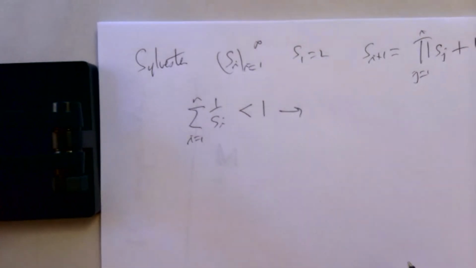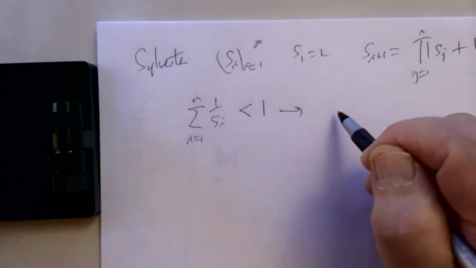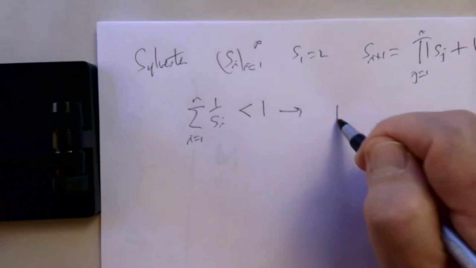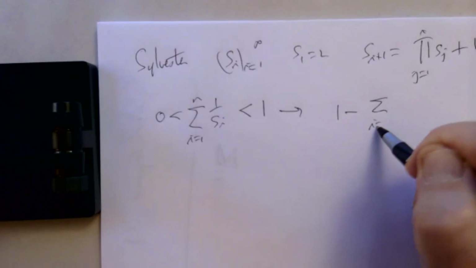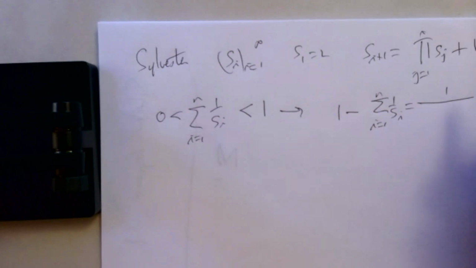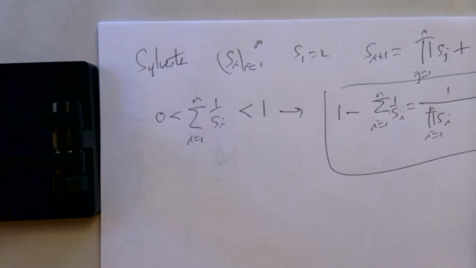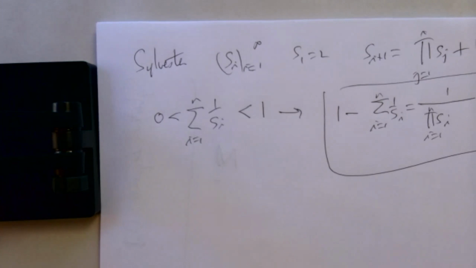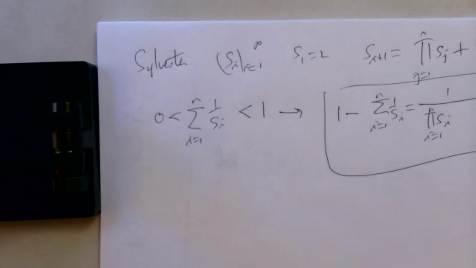But in fact, there's a prettier identity, which is what gives rise to the sequence: 1 minus the sum of these first n Egyptian fractions is equal to 1 over the product of S sub i, i goes from 1 up to n. This is true for all n. And this is exactly the identity that says that the n plus first term is the product of the previous terms plus 1.